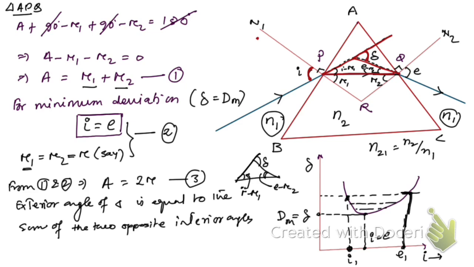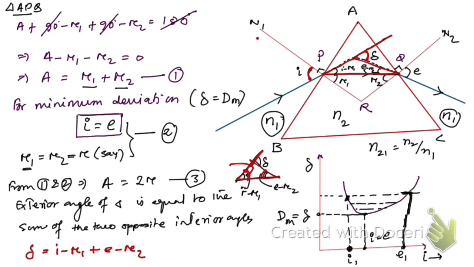These two are the opposite interior angles of this triangle, and this is the exterior angle, right? So we can write that delta is equal to I minus R1 plus E minus R2, right? Hope you have understood this.